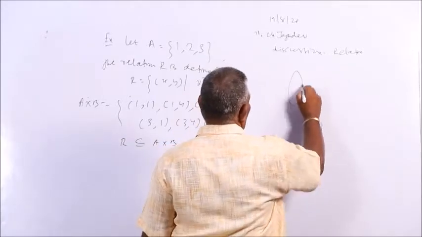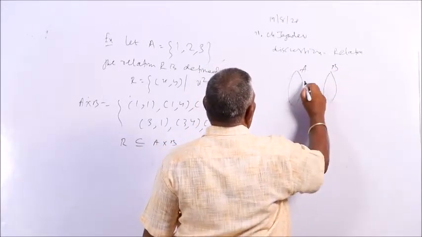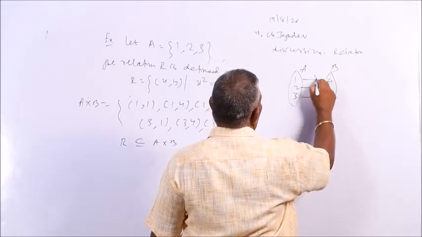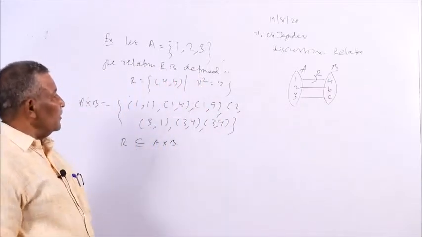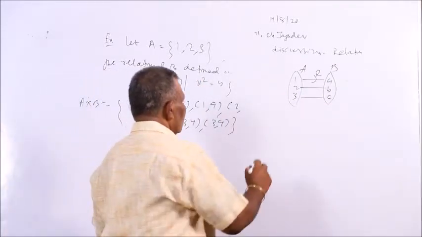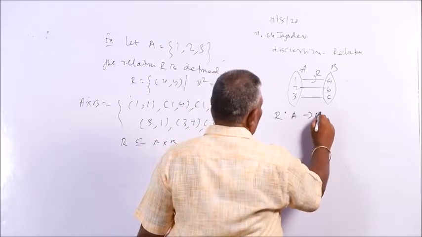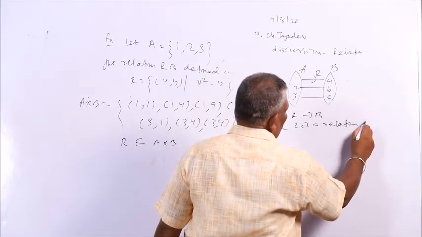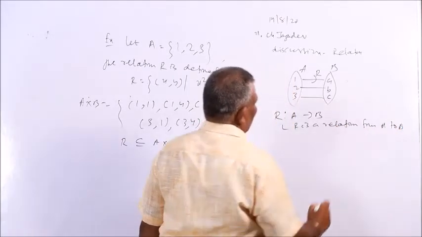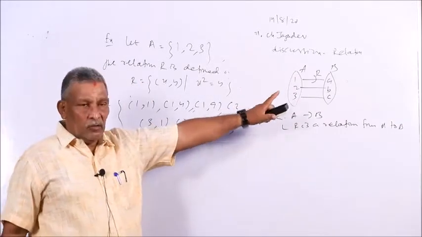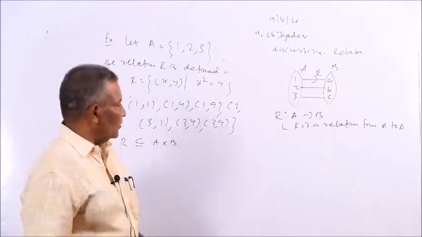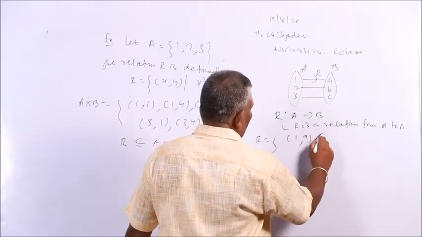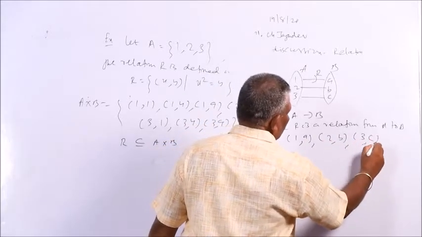Let us consider another example. 1, 2, 3. Suppose A, B, C. This is also called graphical representation of a relation. Symbolically we can write R is a relation from A to B. Here 1 is related to A, 2 is related to B, 3 is related to C. That is, we have ordered pairs (1,a), (2,b), (3,c).